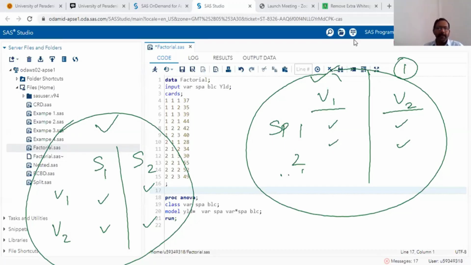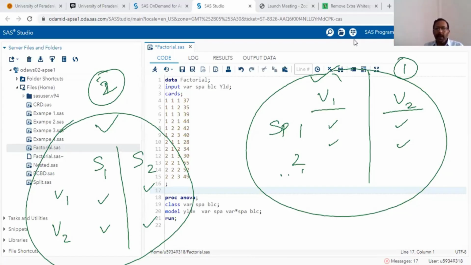The second one is another way of explaining the same results. For a given spacing, S1, which variety is performing well? For S2 spacing, which variety is performing well? Which way of explanation is better, the first one or the second one? Which one is more meaningful? Both are the same. We can do it in a similar way in SAS.